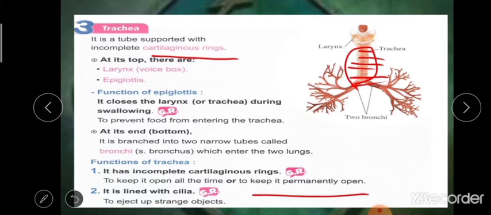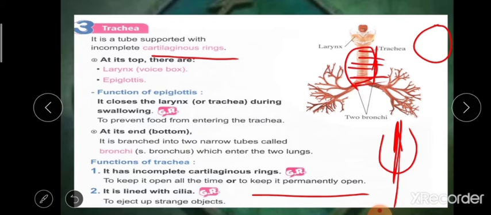Okay? These cartilaginous rings are not complete rings. They are incomplete rings. Why? We said before the trachea is beside the esophagus. So the esophagus is in this space, it is a muscle, to allow food to enter the esophagus without hurting during swallowing the food.